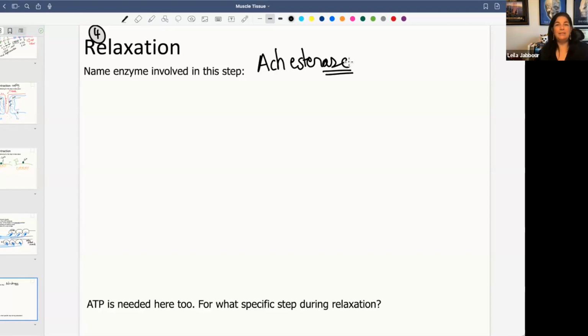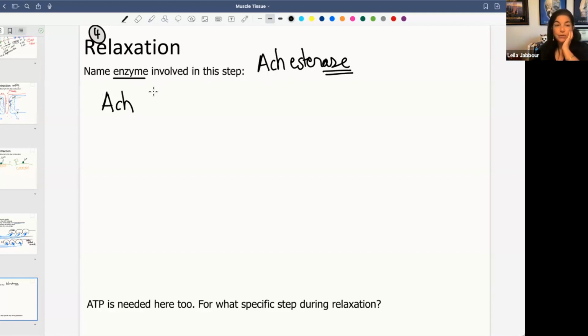Most molecules that end in -ase are enzymes. So that's an enzyme that is going to break down acetylcholine, which means that acetylcholine can stop. If there is no more acetylcholine in the synaptic cleft because it's broken down, acetylcholinesterase is going to destroy the acetylcholine in the synaptic cleft. So it stops binding on these ligand-gated channels, right? So there's no more acetylcholine binding on them.